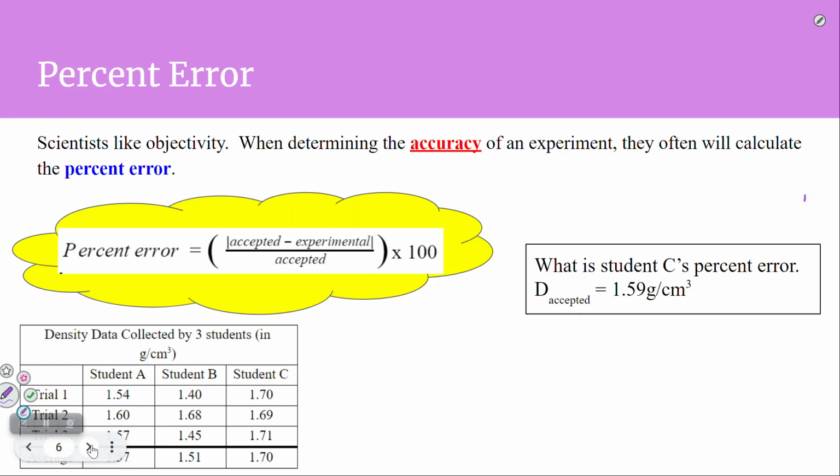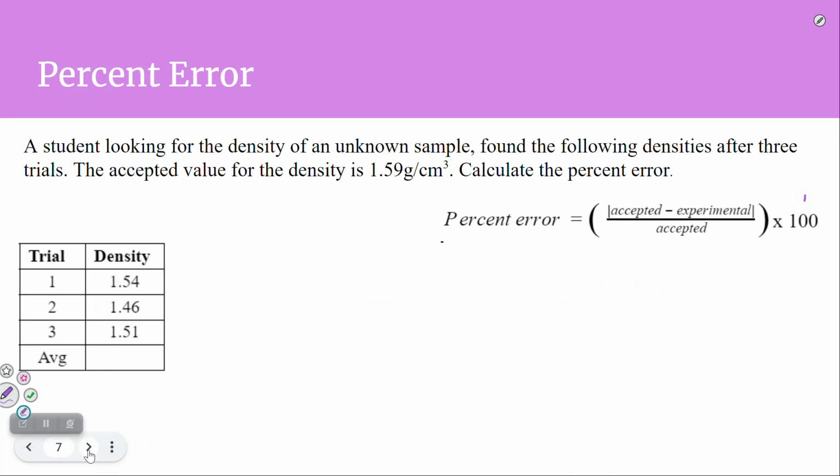On your notes, it looks like in sample problem number 2, they're using the data from student A. So let me move that over a little bit. Okay, here we go. For student A, we'll do this one because that's the one in the sample problem. We have our formula there, and first, we need an average because that's what we'll use for our experimental value.